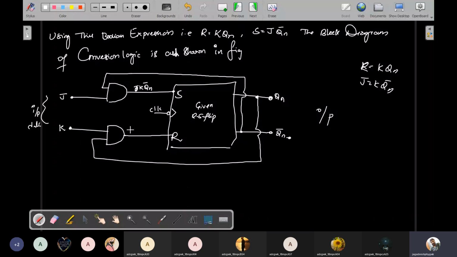So this value gives J Qn bar, and this value is nothing but K Qn. Okay, so these two are given to the SR input. Now the SR input functioning looks like a JK flip-flop. So this is the conversion flip-flop. So this is called the conversion block diagram of a JK flip-flop using an RS flip-flop. Understand? So this is the theory.